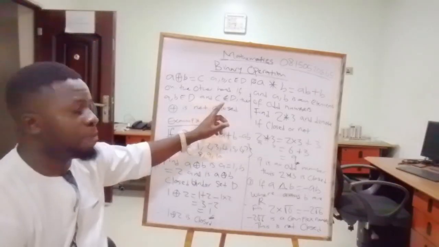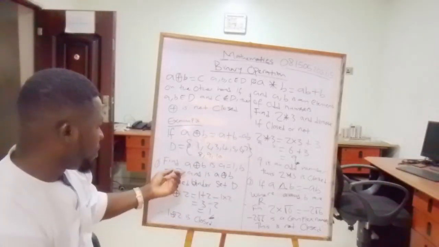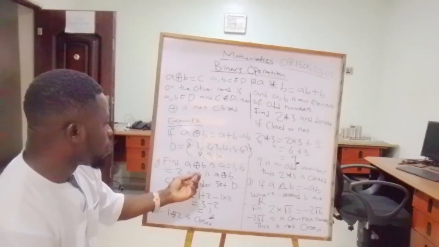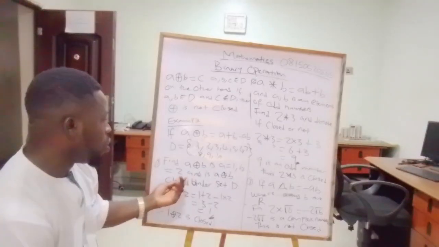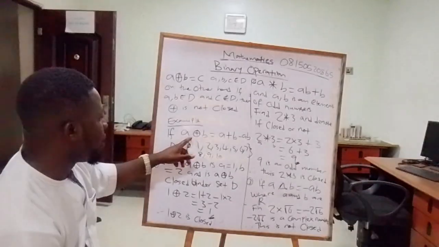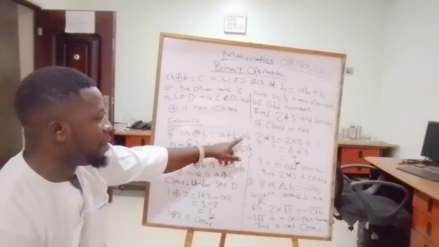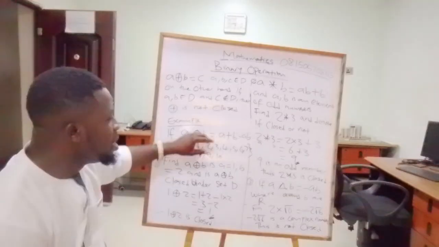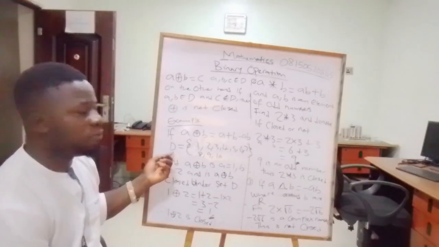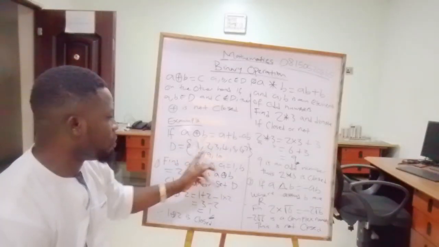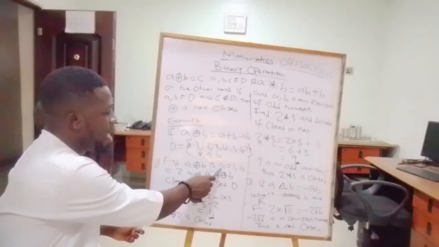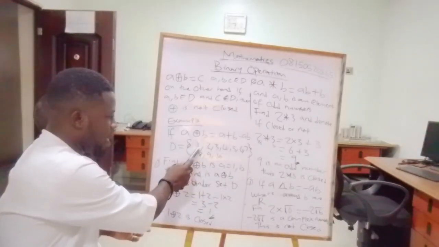But when C is an element of D, it is closed, and we have an example here. A operation B, where A equals 1 and B equals 2, if A operation B equals A plus B minus AB. This result is C. We have been given the set D: 1, 2, 3, 4, 5, 6, 7, 8, 9, 10. If A equals 1, you can see 1 is here.